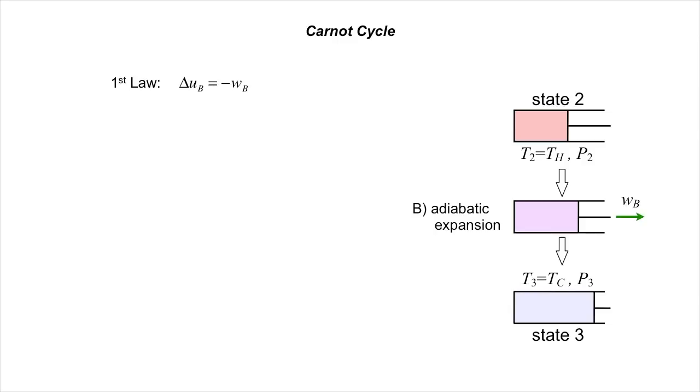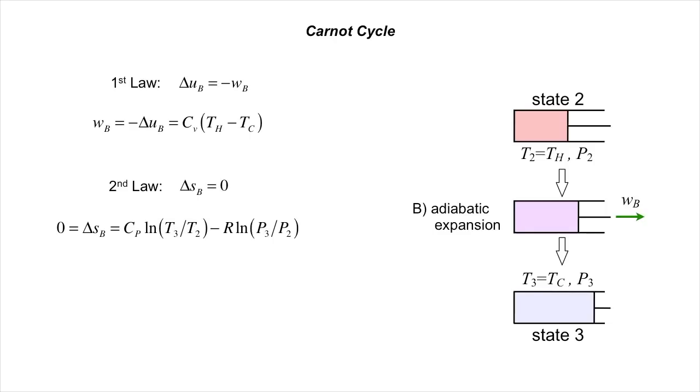For step B, which is adiabatic, the first law tells us that delta U equals work. Substituting our state relationship for U versus T, the work is given by Cv times Th minus Tc. Meanwhile, for an adiabatic and reversible transformation, which has no heat flow or entropy generation, delta S is 0.